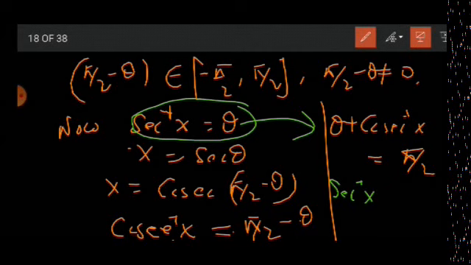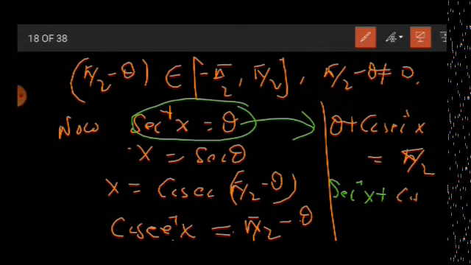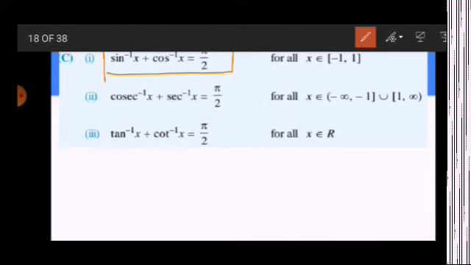So sec inverse x plus cosec inverse x equals pi by 2. That is what we proved over here. So sec inverse x plus cosec inverse x equals pi by 2. This is already proved under this condition.